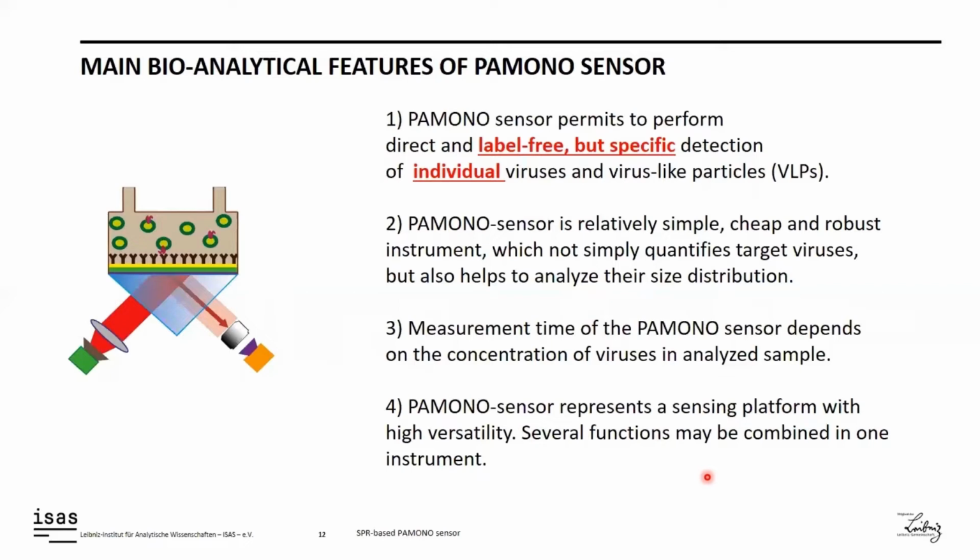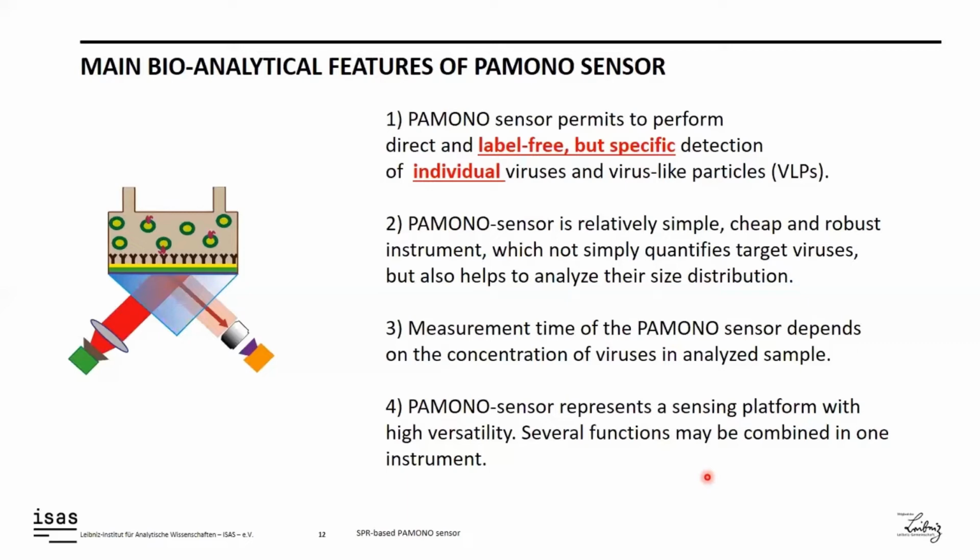In some methods, the time for particle quantification does not depend on the concentration of particles. The PAMONO-sensor represents a sensing platform with high versatility. So one instrument may combine several functions.